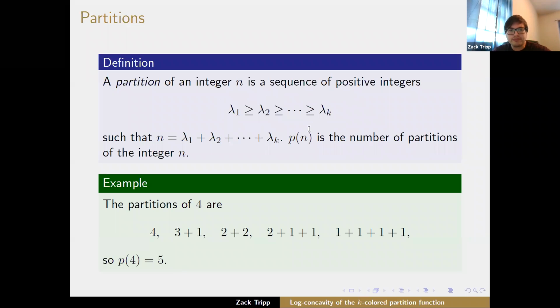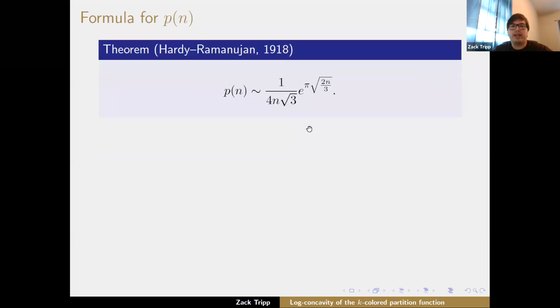Okay, so what we'd like is a nice formula for p of n. And you might think that there should be one because, you know, this seems like a relatively simple combinatorial object. Turns out that there is a formula. It's a little more complicated than you might expect, though.